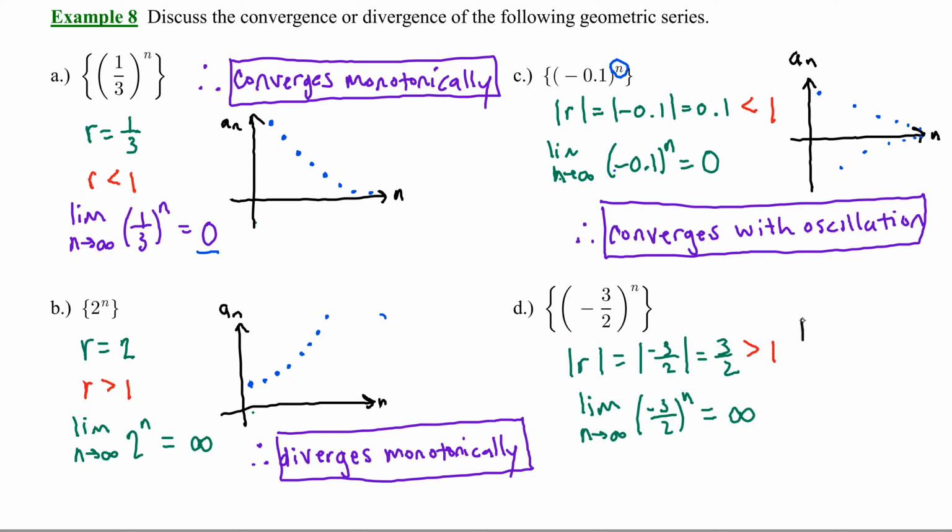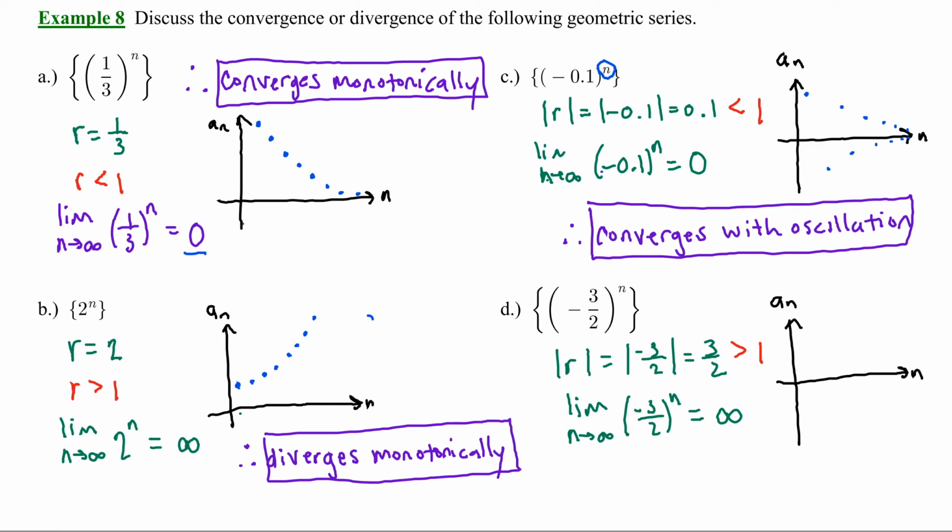This means that the sequence diverges. However, it diverges also in an interesting way. If we were to plot successive values for this function, because the base is negative, it's going to yield some positive and some negative outputs. And as n increases, the values of those terms of the sequence will also increase.